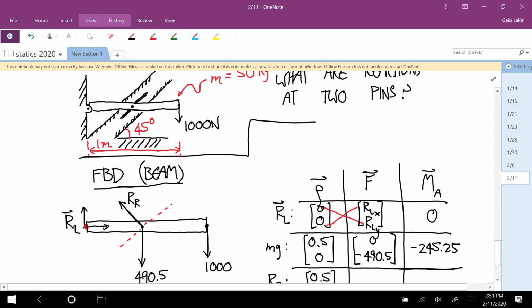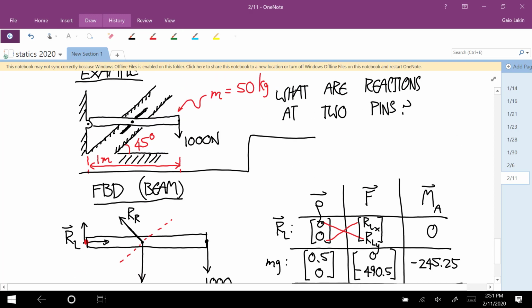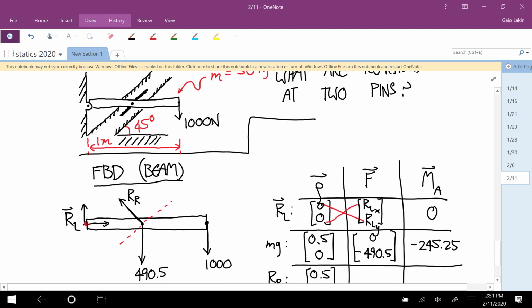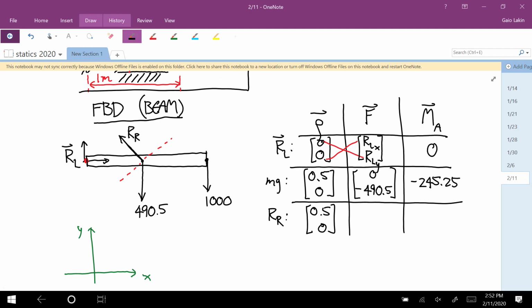First, I'm going to draw the vector where the angle is given. So that 45-degree angle is given between the horizontal and a vector like this. Okay, so like this one would have a theta of 45 degrees.